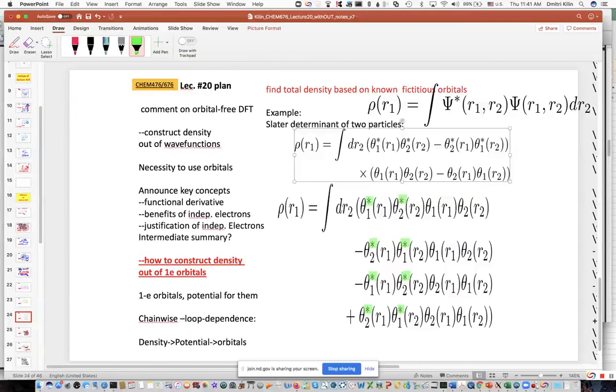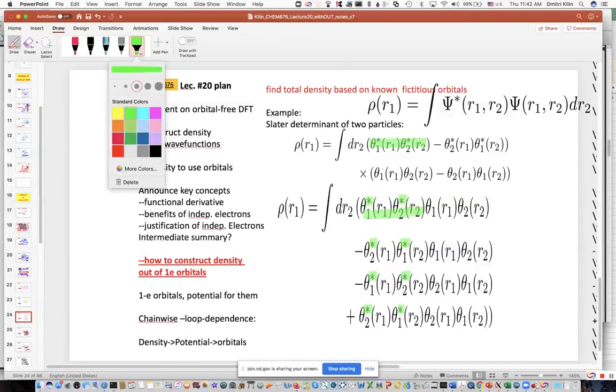So we are going over the first pair times the first pair in the second term.